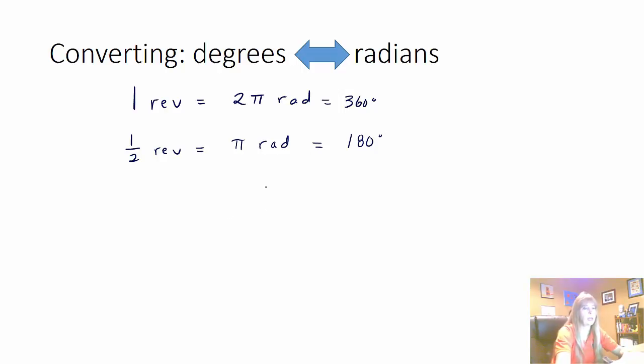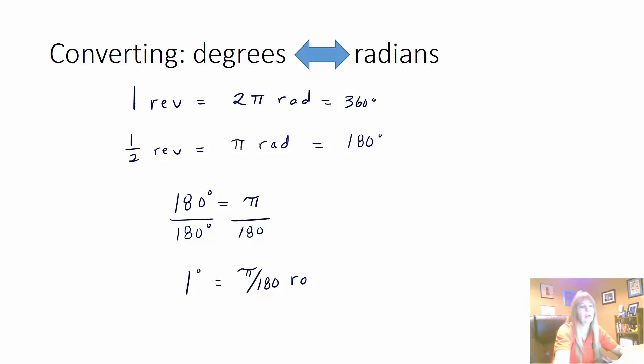So if 180 degrees is pi radians, then I can take this 180 equals pi, and I can divide both sides by 180. And what this gives me is that 1 degree is equal to pi over 180 radians. So what you use this for is converting from degrees to radians.